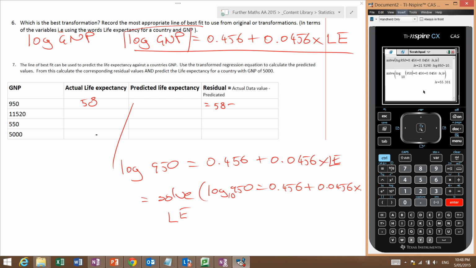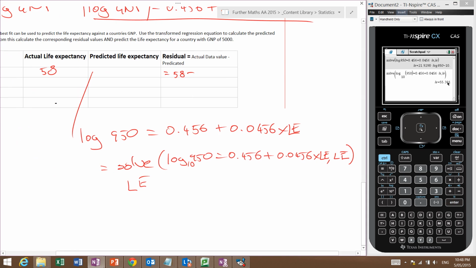And then you go enter, and that'll give you a life expectancy of 55.301.